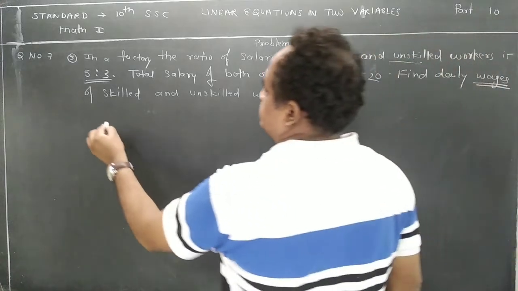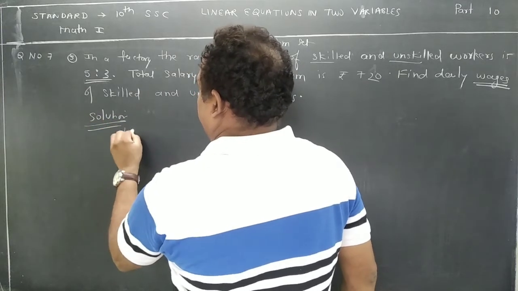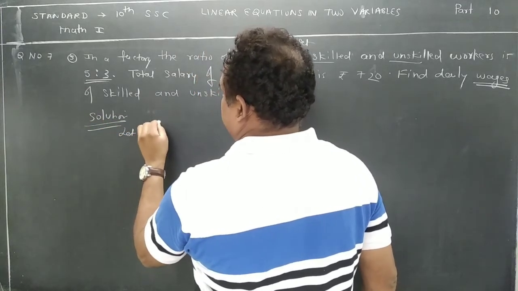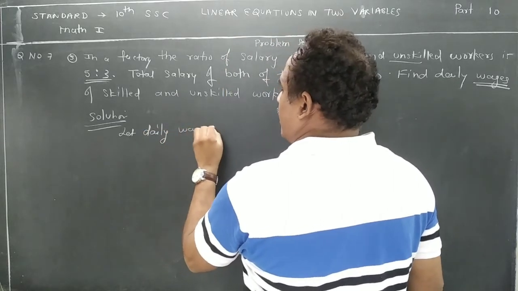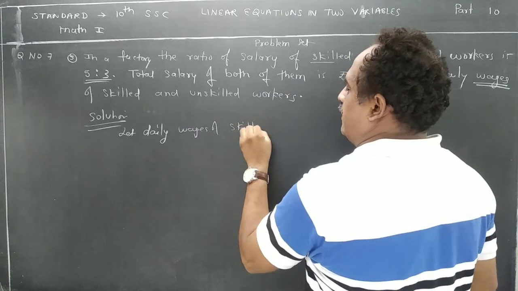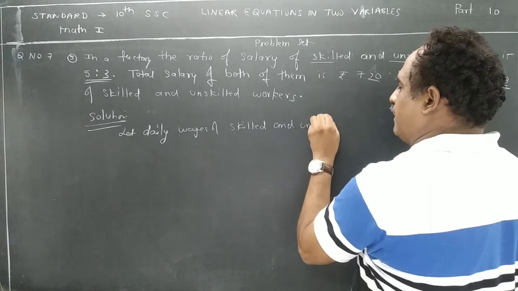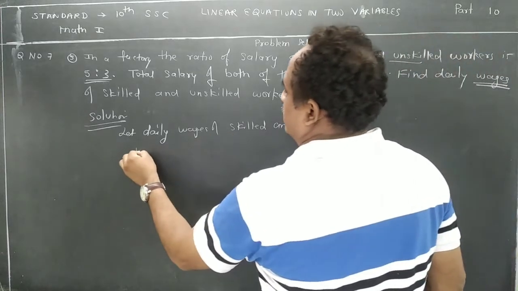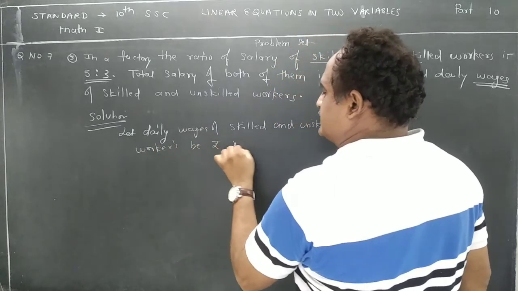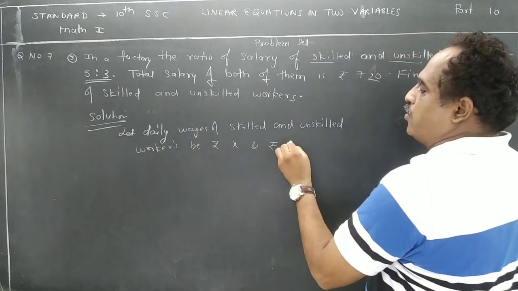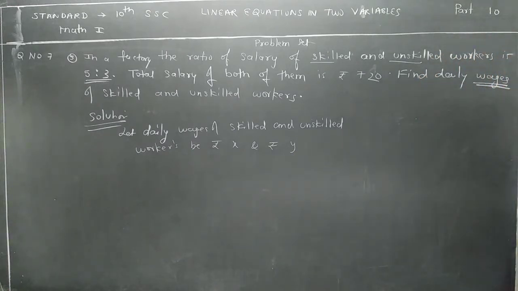So solution. Let daily wages of skilled and unskilled workers be rupees x and rupees y. How many rupees? Rupees x and rupees y.